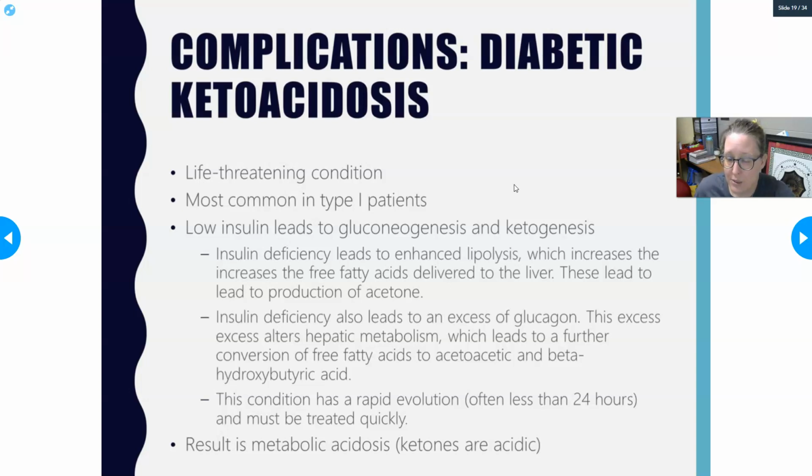And this condition has a rapid evolution, often taking less than 24 hours for a patient to go from controlled diabetic into DKA. And it has to be treated quickly. The result is a metabolic acidosis, because ketones are acidic, and so you'll have a drop in pH, a drop in bicarb, and increasing ketones and blood glucose.